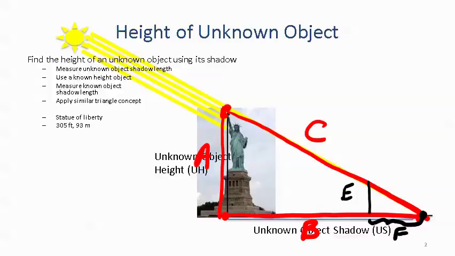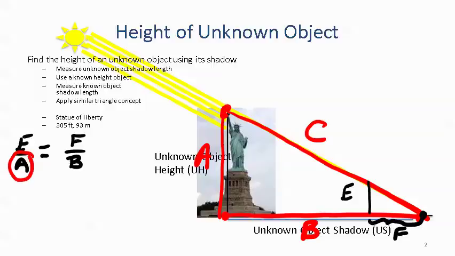Does this schematic remind you of the two similar triangles that we had earlier? So if we use the theory that we developed earlier, we know that E over A will be equal to F over B. In this expression, the unknown quantity, the height, is A. So everything else in this expression is measurable.